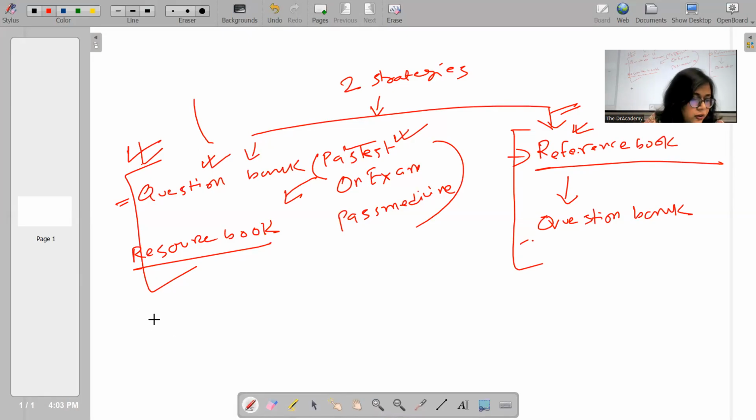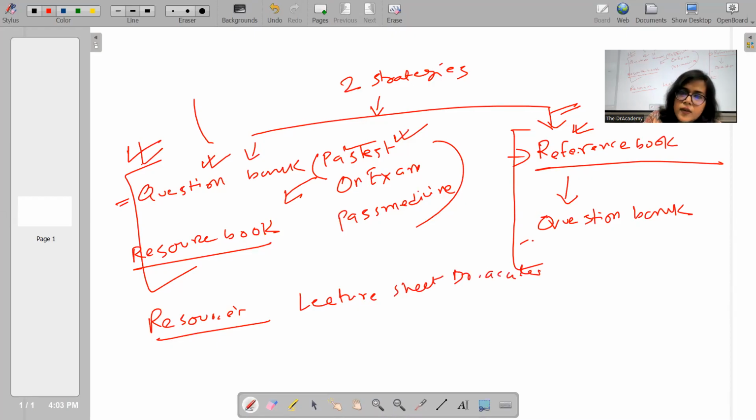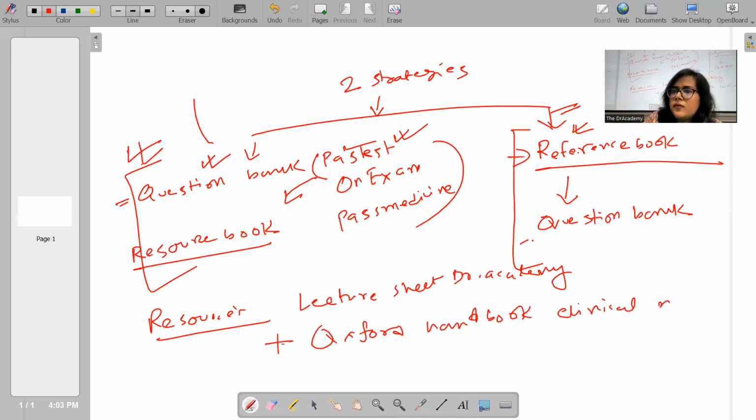And for the resource books, I would say the lecture sheet that is being provided to you by Doctor Academy is good enough. If you want to add something to it, I will say Oxford Handbook of Clinical Medicine. This is a pocket book, very short, with summarized information.